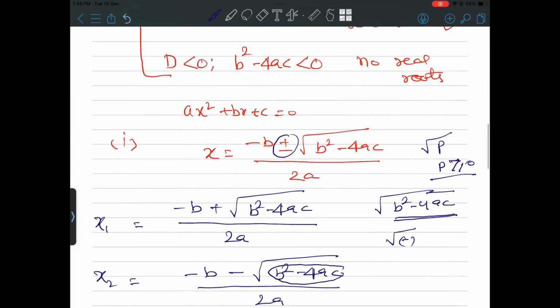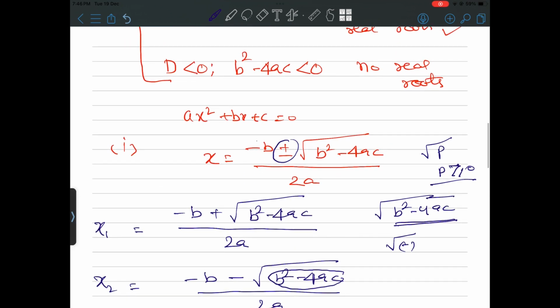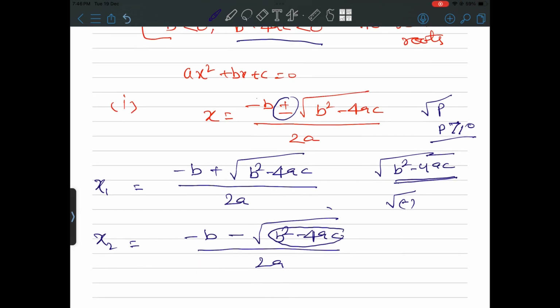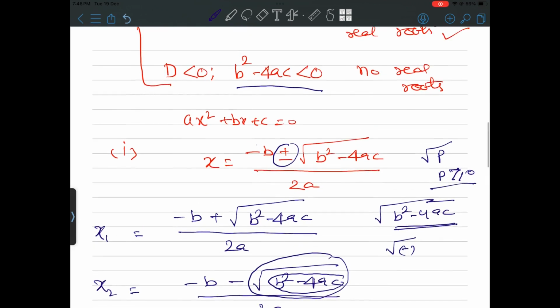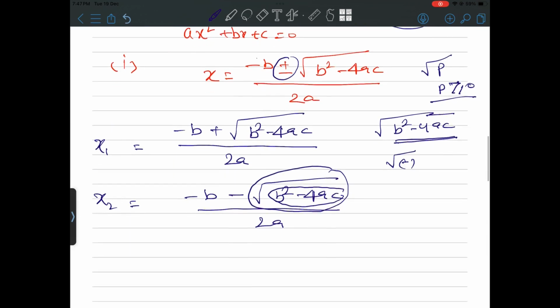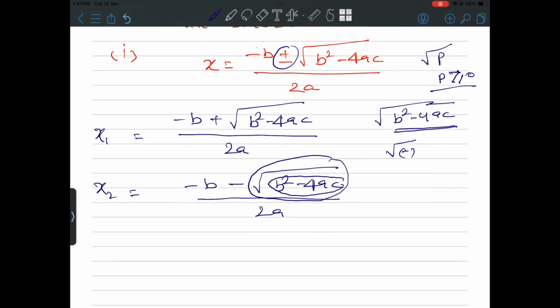So now you can go back and correlate that if the value of b square minus 4ac is negative, you cannot find the value of this whole term. That's why we say no real root, because b square minus 4ac becomes negative inside the under root. And remember this concept: whatever value is inside the under root is always positive or zero.